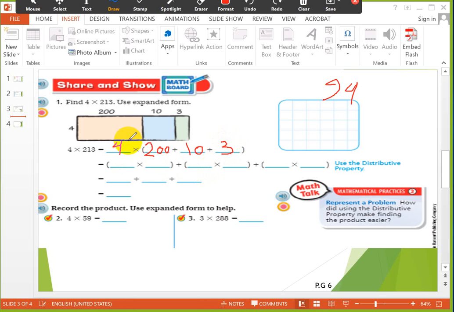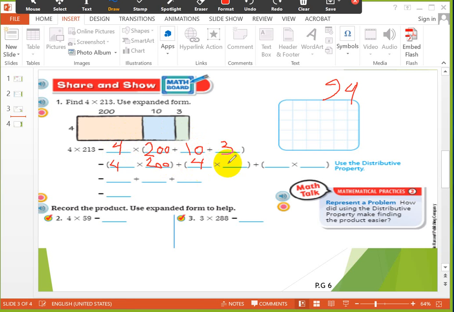Now, I will take the 4 and multiply it by each digit. So I will first multiply 4 with the 100 number, which is here 200. So I will multiply the 4 with 200. Okay? Then I will take the 4 and multiply it with the tens number, which is here the 10.